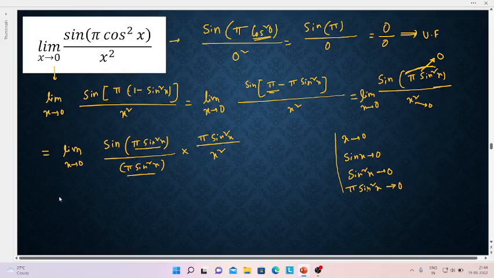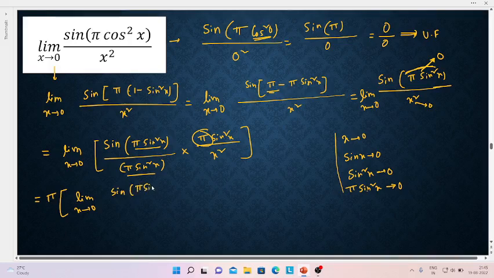Basically pi is a constant term, so that should be outside of the limit, and now we have to change it. The limit as x tends to 0 will be sin(pi sin square x), and on the denominator we can write pi sin square x, times limit as x tends to 0 of sin square x upon x square.